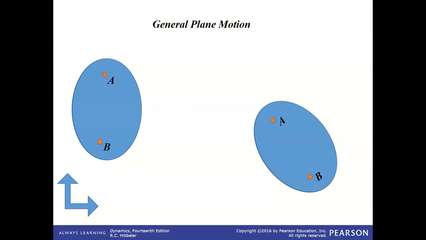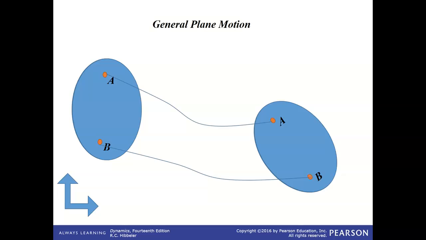Anyways, so we were talking about general plane motion. So look at the motion of the body in this situation, from left to right. Now this motion is not only translation or rotation, but it's actually a combination of translation and rotation. We can break this down. If we draw the path taken by points A and B, then it looks like what is shown in the slide.